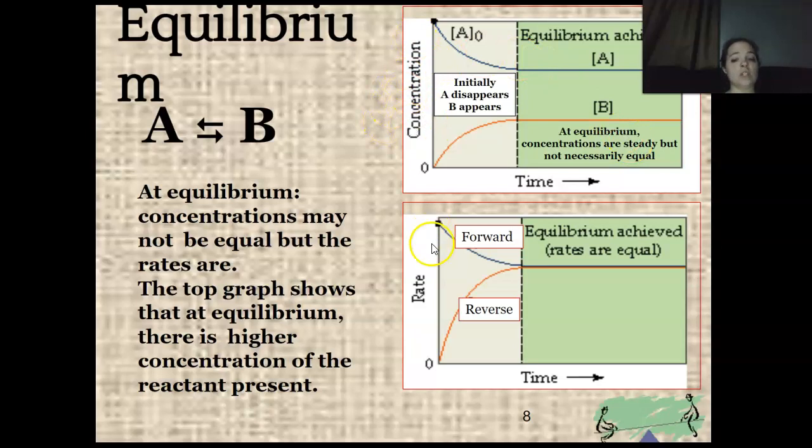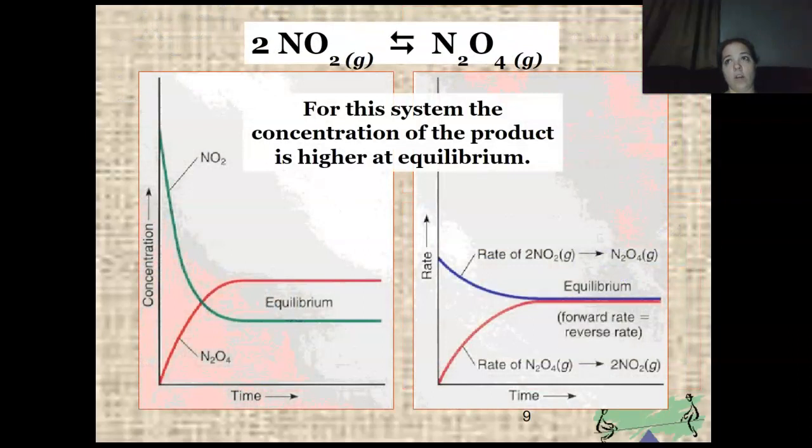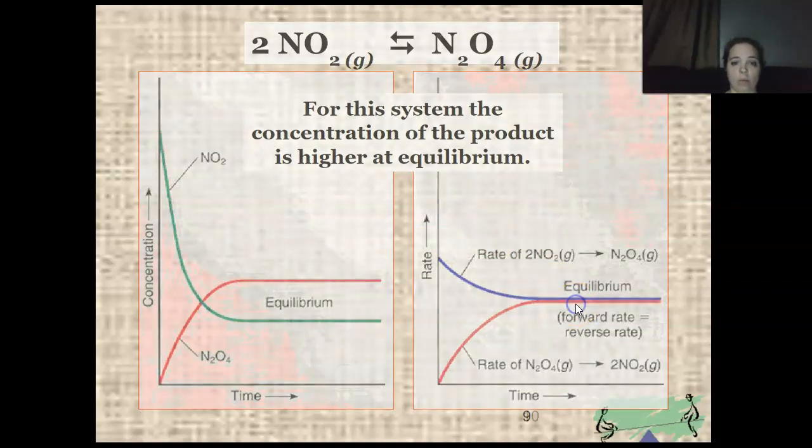So concentration doesn't matter. The rate is what matters. You can see the rates are equal right there. That's when equilibrium is reached. For this one, you can see that the concentration is lower here where it's higher here, but it's when the rates are equal that equilibrium is hit.